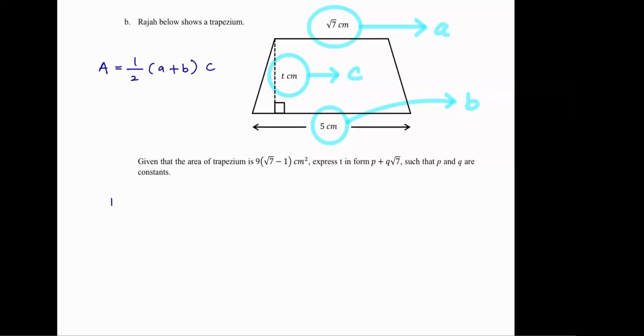So 1/2 A plus B, that is a set 7 plus 5, darab dengan T, sama dengan 9 set 7 minus 1.